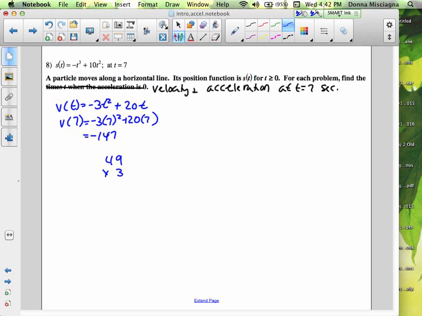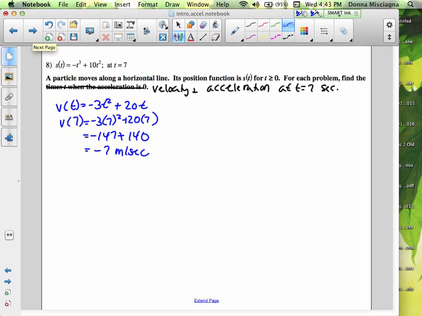Times 3, yeah. And then plus 20 times 7 would be 140. All right, so negative 7 meters per second is our velocity.